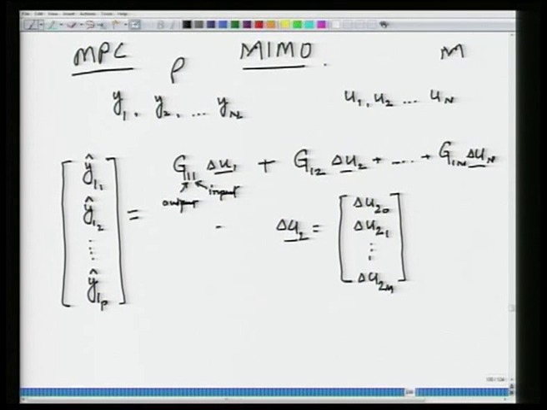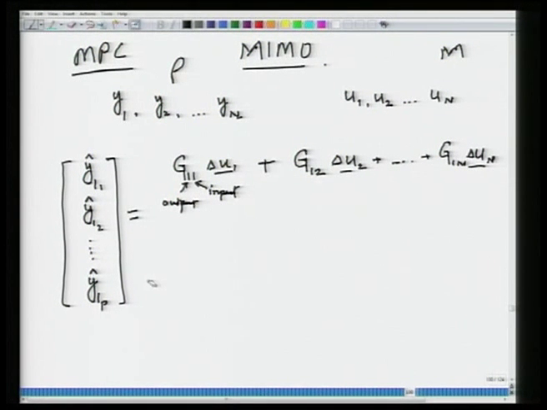You can define delta u1, delta u2, delta un. Okay. Prediction of how output 1 would respond over the prediction horizon, to changes in u1, u2 and un, to changes in the inputs. Okay.